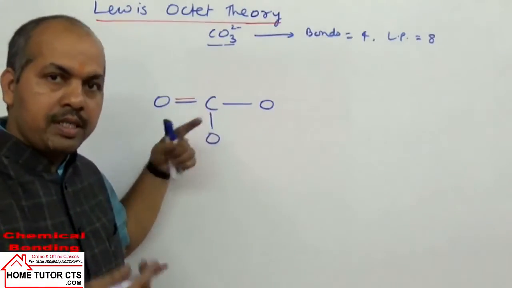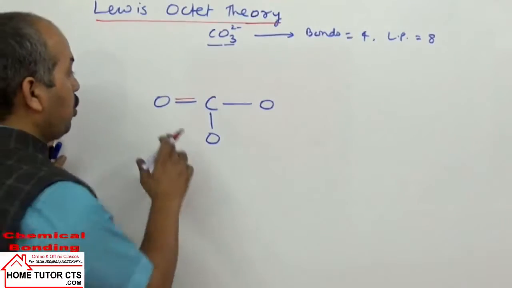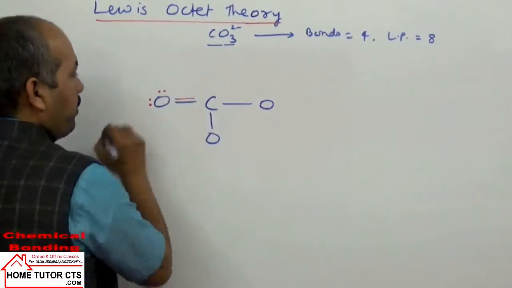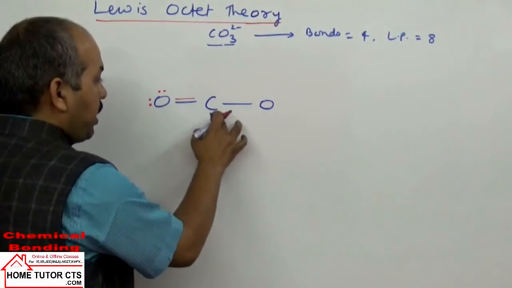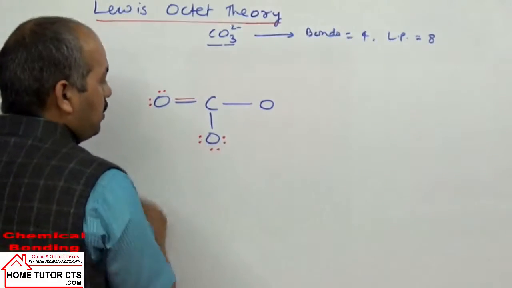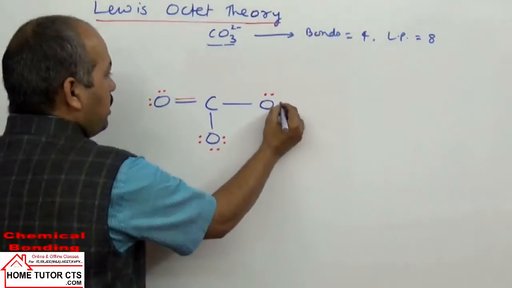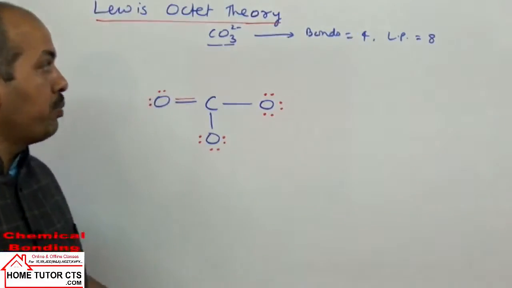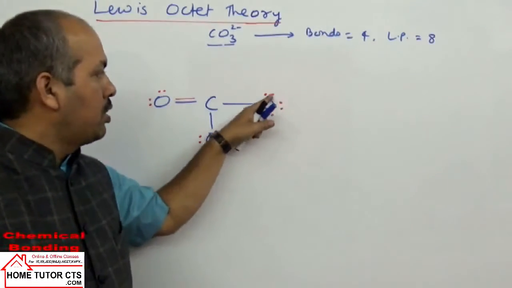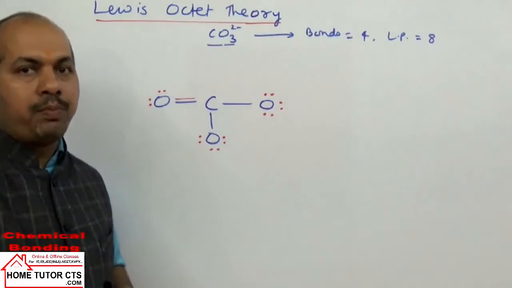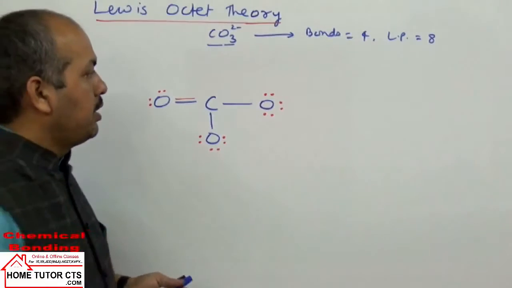Carbon already has a complete octet. Carbon has 4 bonds, which means a complete octet. Now coming to the oxygen on the left side, it has 2 bonds, meaning 4 electrons, so it will have 2 lone pairs. This one has a single bond, meaning 2 electrons, so 6 more electrons are required. Similarly the other oxygen will have 6 electrons, or 3 lone pairs. So in total how many lone pairs? 3 plus 3, 6, plus 2, 8 lone pairs have been placed.